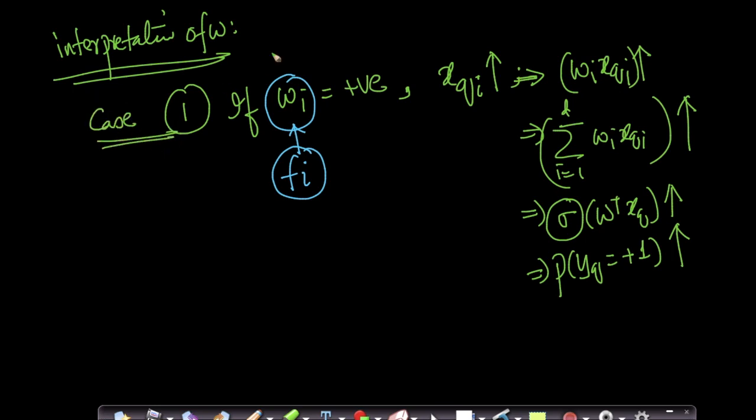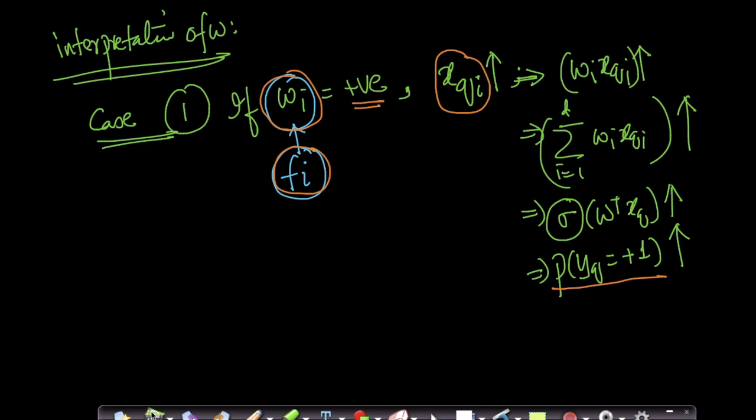Case 1 is, if my weight wi corresponding to feature i is positive, then for a given query point, if the ith feature value increases, then the probability that yq equals +1 also increases.